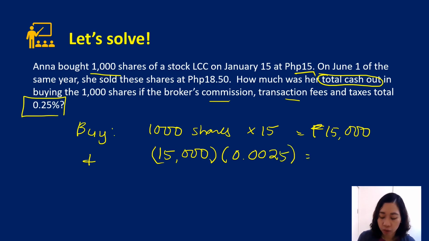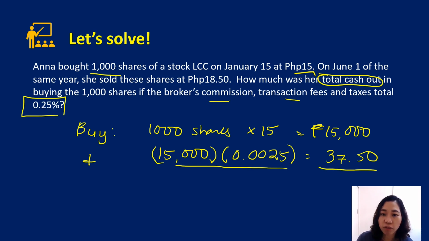So that's 0.0025. Okay, and what is that? 15,000 times 0.0025, we get 37 pesos and 50 centavos. So what is this? This is the broker's commission and so on.